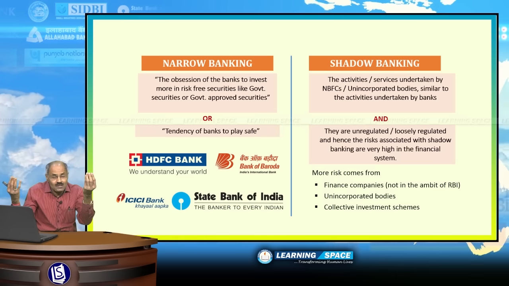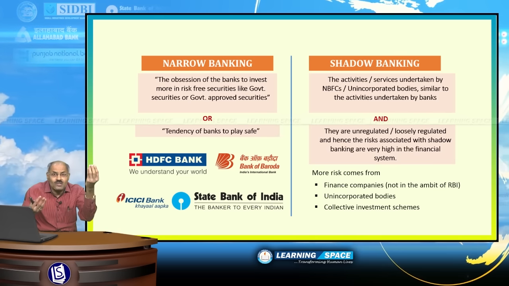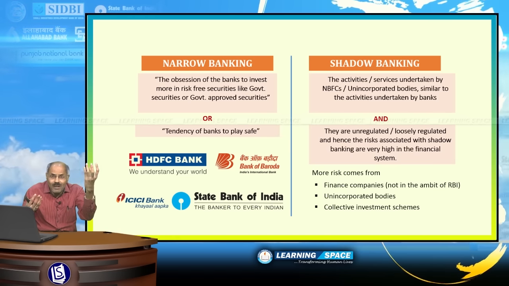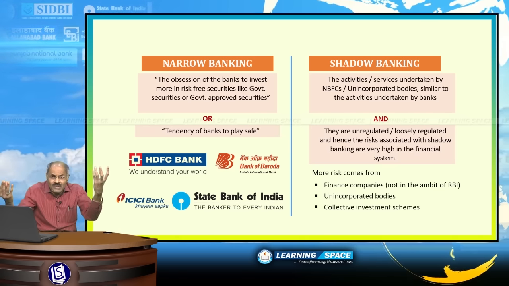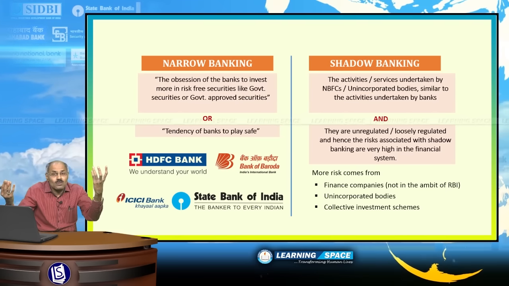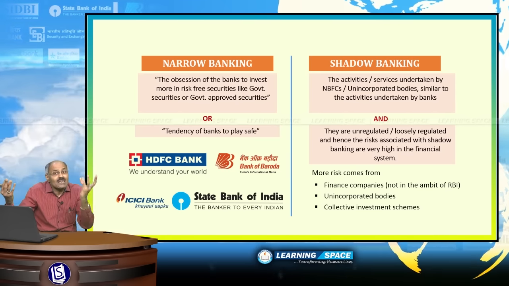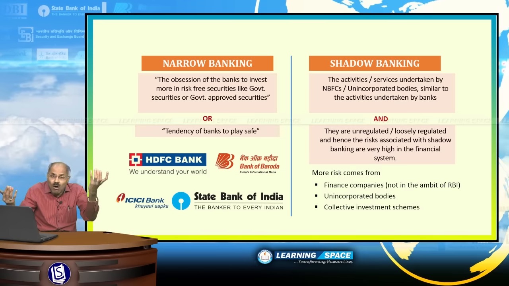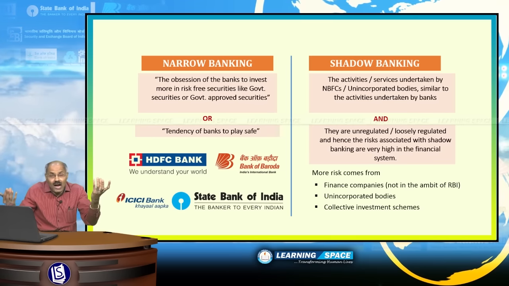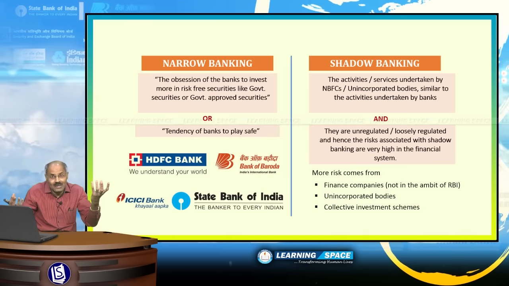If you want a consumer durables loan, you can go to a bank, or you can go to some non-banking financial company. So, the activities which are being undertaken by banks are also being done by other non-banking financial companies.